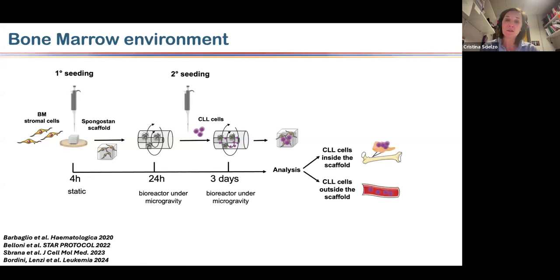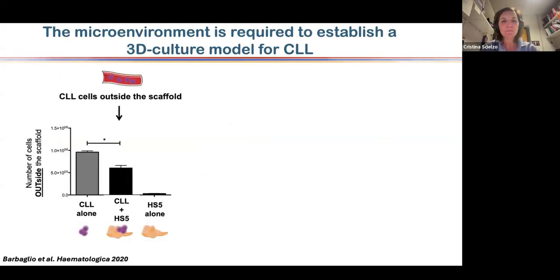What is interesting here is that we can perform a double analysis. We can analyze the cells inside the scaffold interacting with the microenvironment, but also the cells that are outside the scaffold, so more in a peripheral blood-like setting. What we immediately realized is that the leukemia cells remain trapped in the scaffold only if there is the microenvironment.